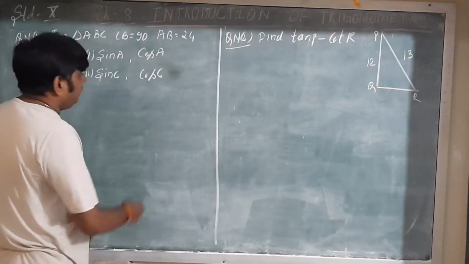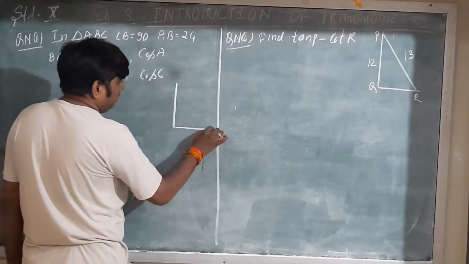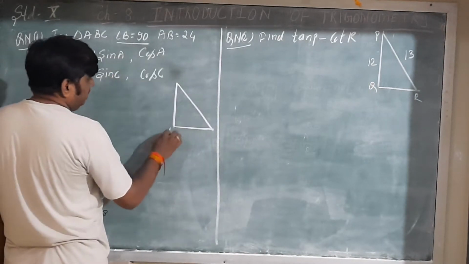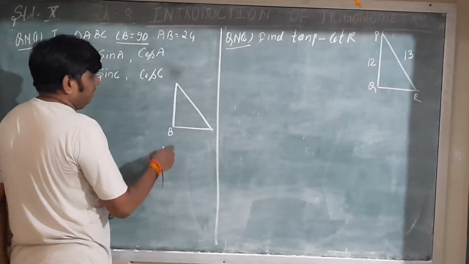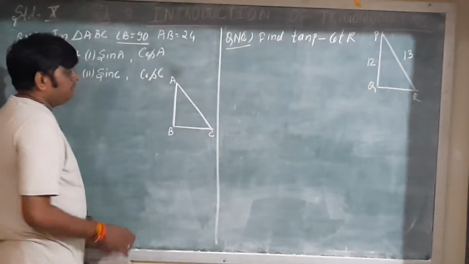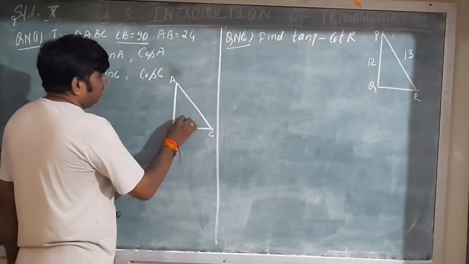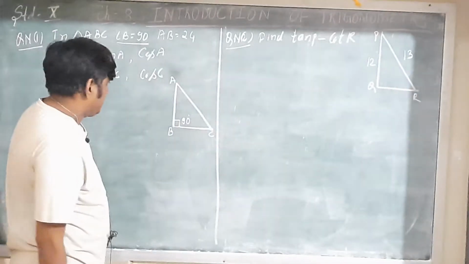Okay. First we draw a right angle triangle. Name it with B as 90 degrees, a right angle at B, and the remaining vertices A and C. Angles A and C are acute angles, right?